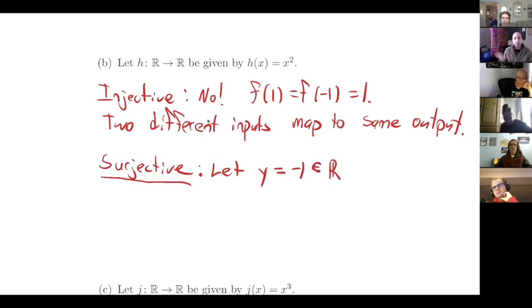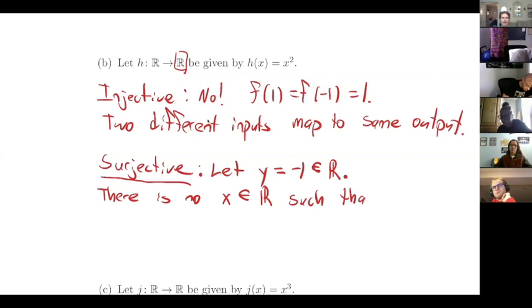So we can take some value y in the codomain. Here it's a little bit confusing because the domain and the codomain are the same, but we're picking an output, a potential value in here. So that's not going to happen since we have real numbers.